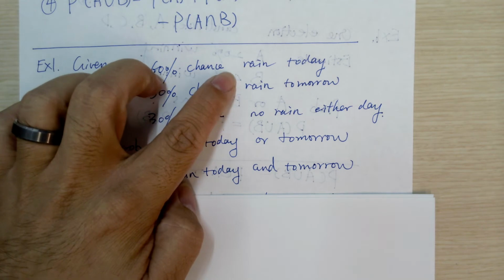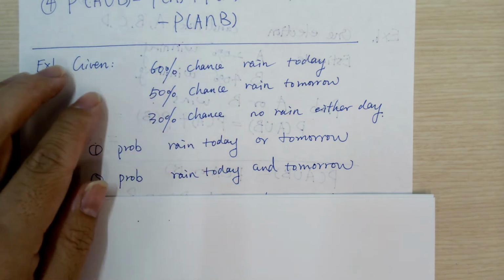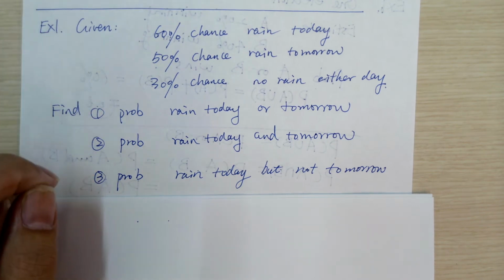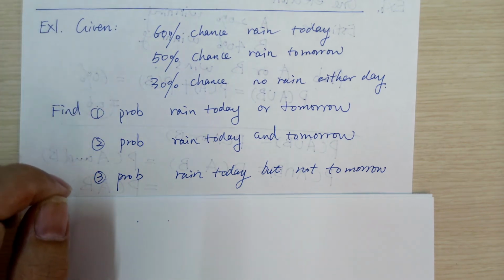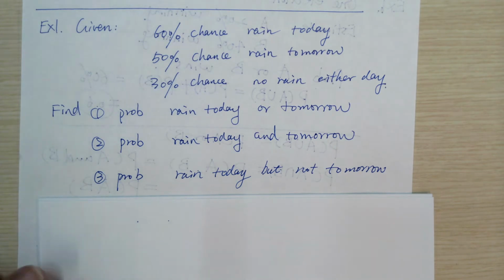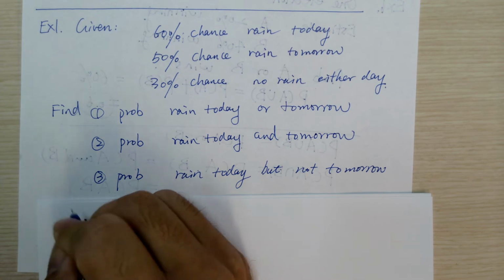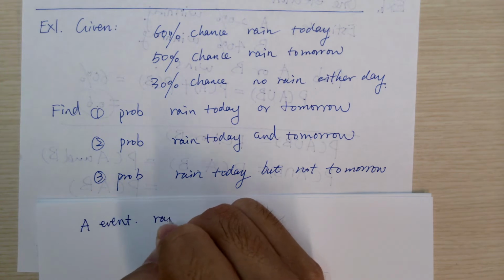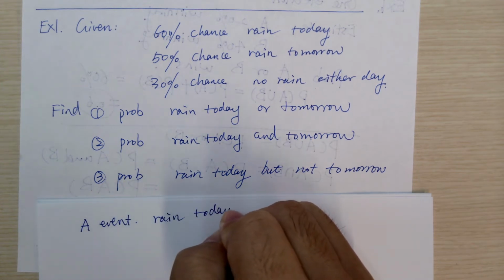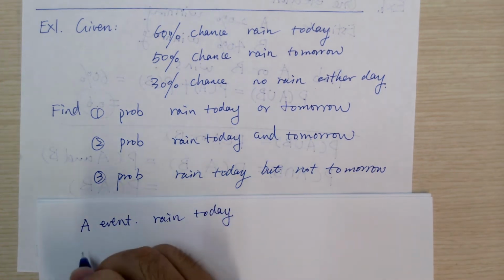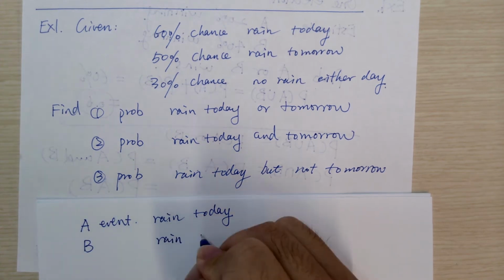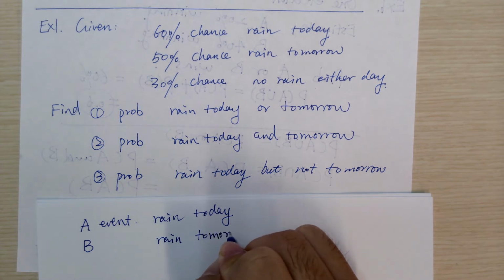The given info is rain today, rain tomorrow, and not rain either day. Suppose A is the event that it rains today, and B is the event that it rains tomorrow.